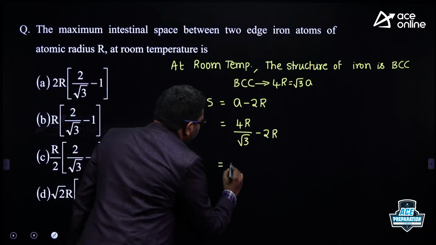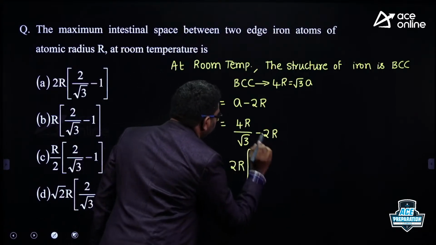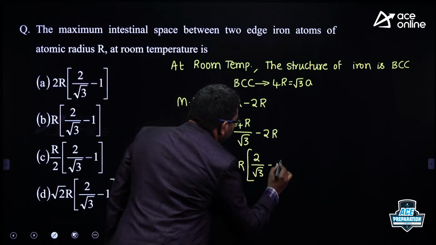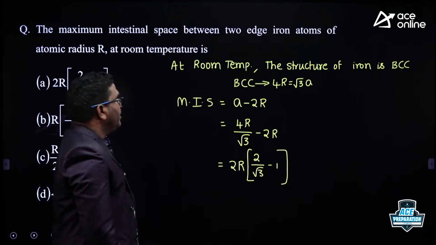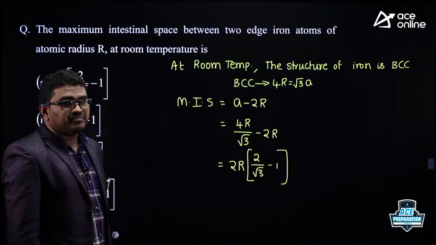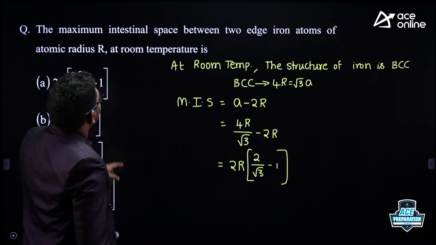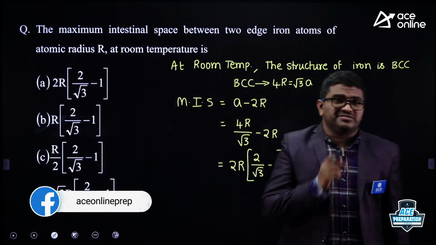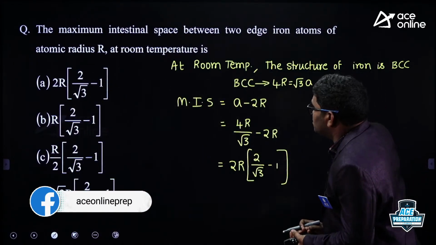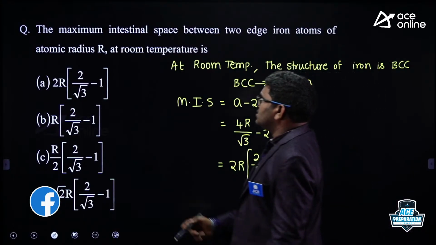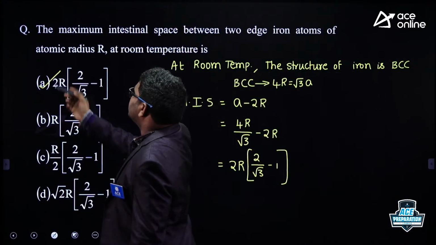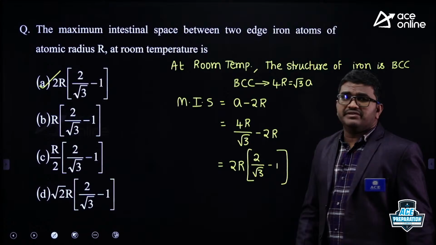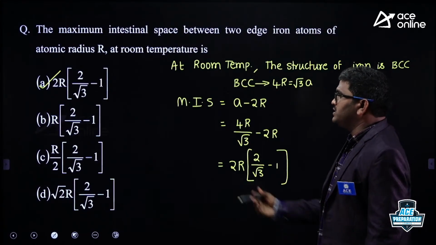Now take 2R as common: 2R into (2 by root 3 minus 1). This is the maximum interstitial space. In the question they are not asking for the radius, they are asking for the maximum interstitial space, so the correct answer is 2R into (2 by root 3 minus 1). This type of question they will ask you in your exam, right?